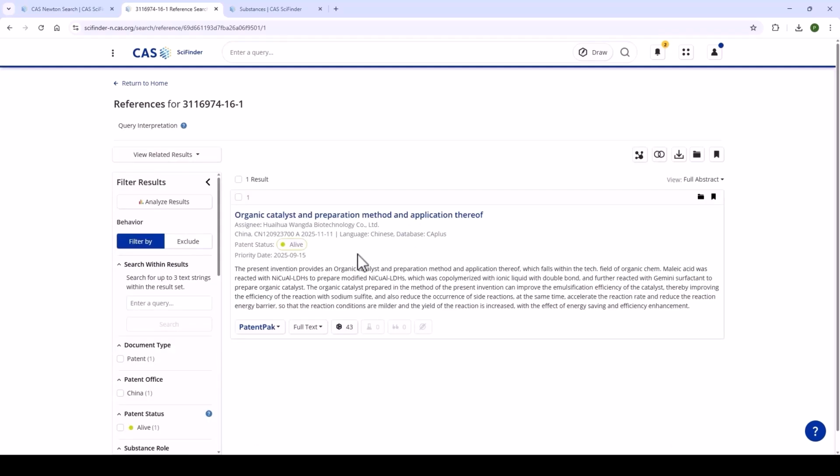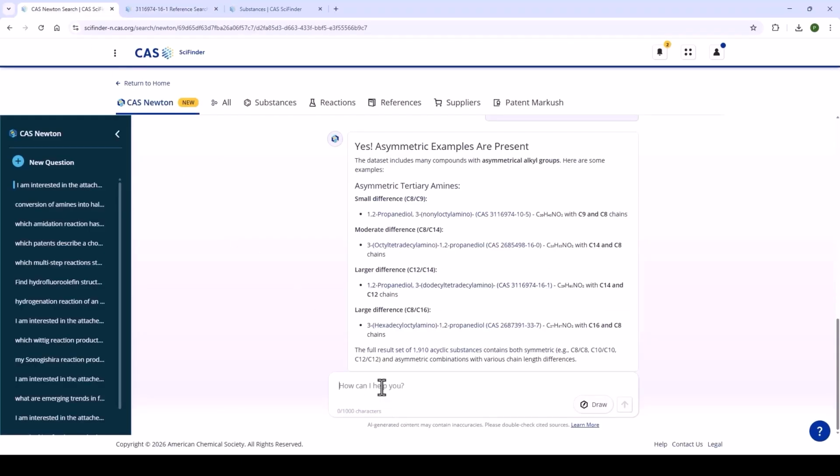I see that this was found in a Chinese patent. And then, of course, I can still look for those cases. I don't know, have any of these substances been used as Gemini surfactants?